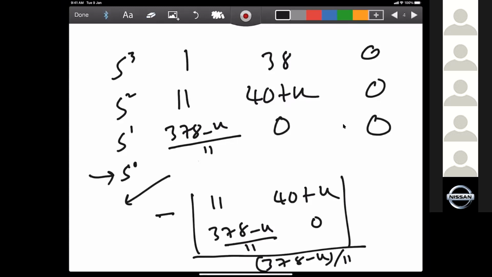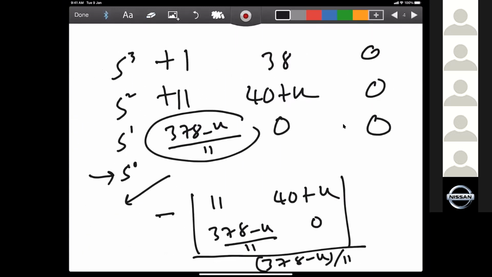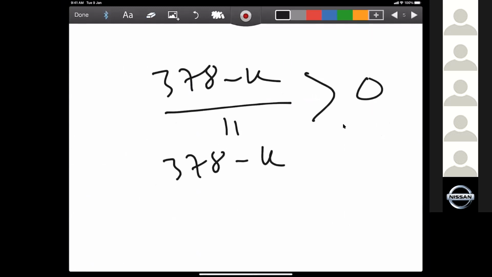Okay, so let's say we take this one. This one is already positive, so 378 minus K divided by 11 greater than 0, first column. So 378 minus K greater than 0, minus K greater than minus 378.